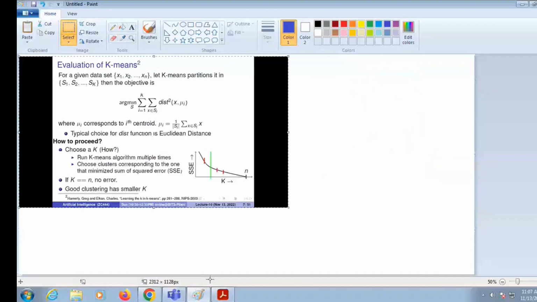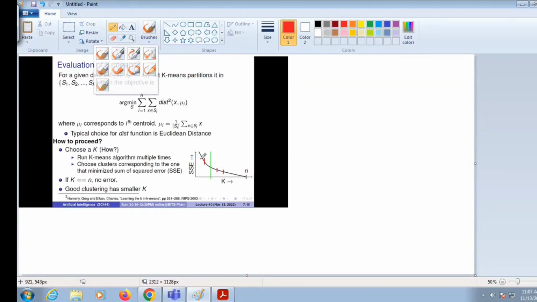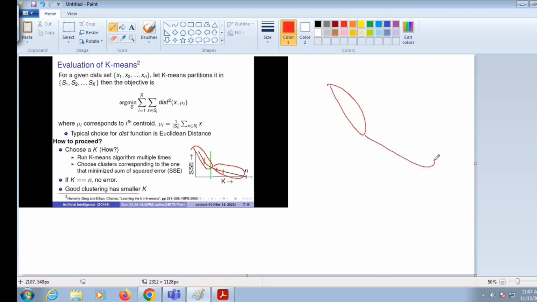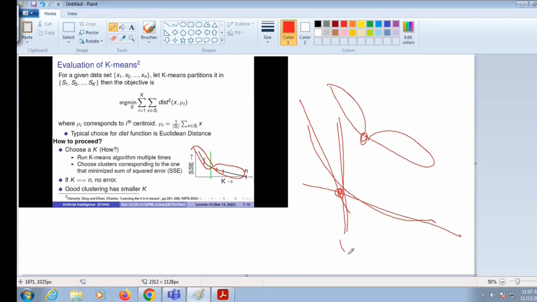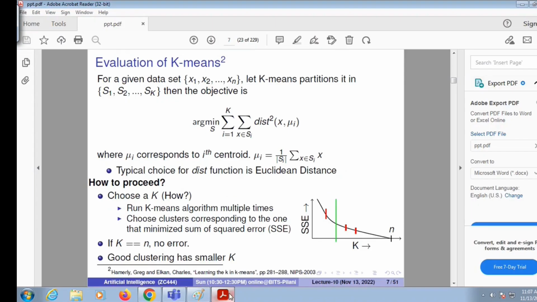Let me draw this so it is clearer. Initially, when you increase the value of k, it reduces with this speed, but after that it reduces with this speed. So it looks like there is an elbow here. Here the speed is this, here the speed is this, so this is the elbow point. Here you can say that I would stop and take this as the right value of k for me.